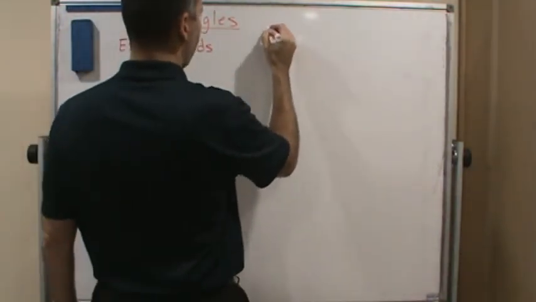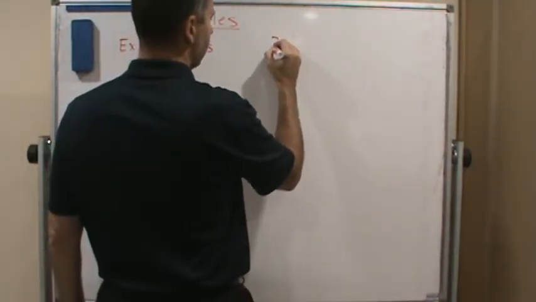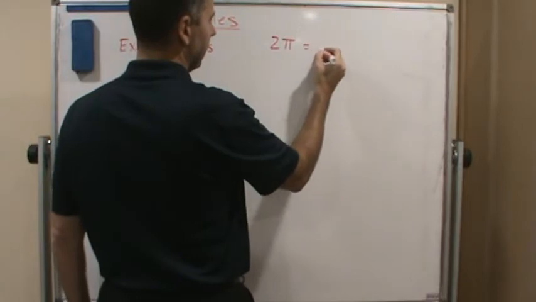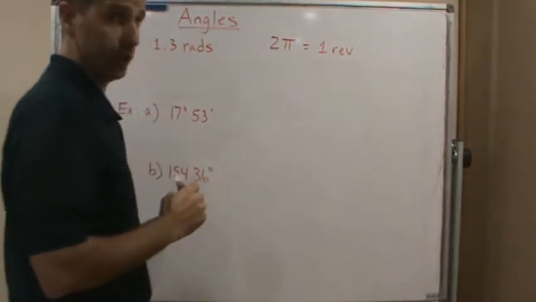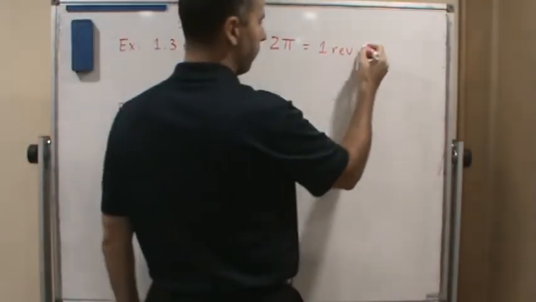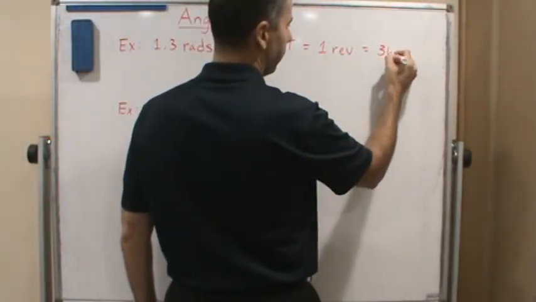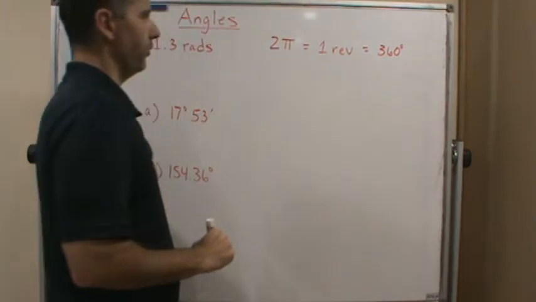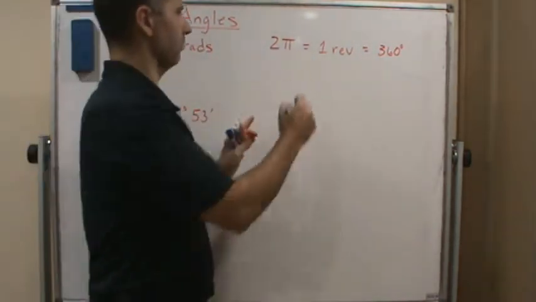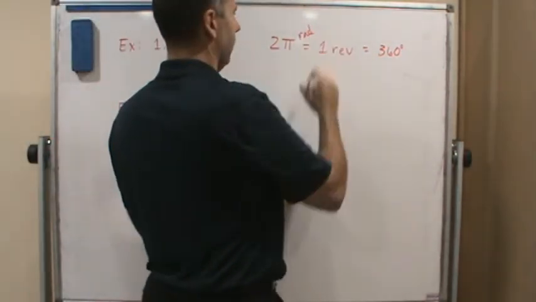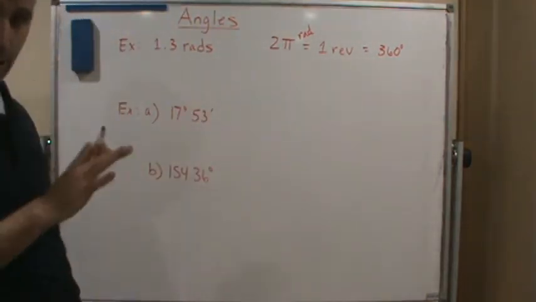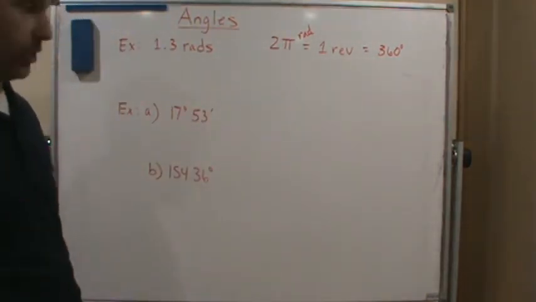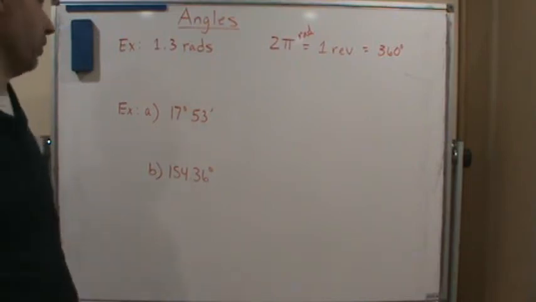So 2 pi equals one revolution, but we also know one revolution equals 360 degrees. So 2 pi radians is equal to 360 degrees. So there is our unit ratio, or our conversion ratio if you want.